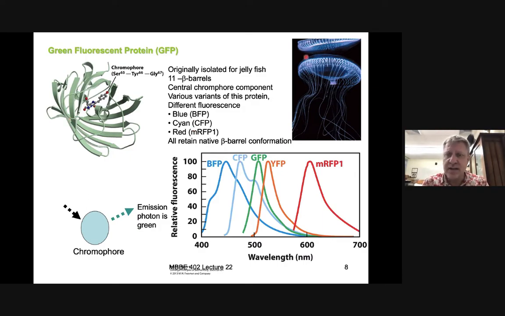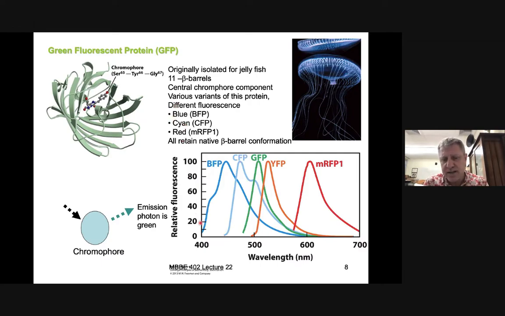So originally it was isolated from jellyfish, and it has a very pronounced presence in molecular biology and biochemical research. The reason being, it can be engineered specifically to produce different colors. So they all retain this natural, beautiful beta barrel configuration with some amino acid changes in the chromophore region, because by engineering it, we can make it go blue, cyan, or red.